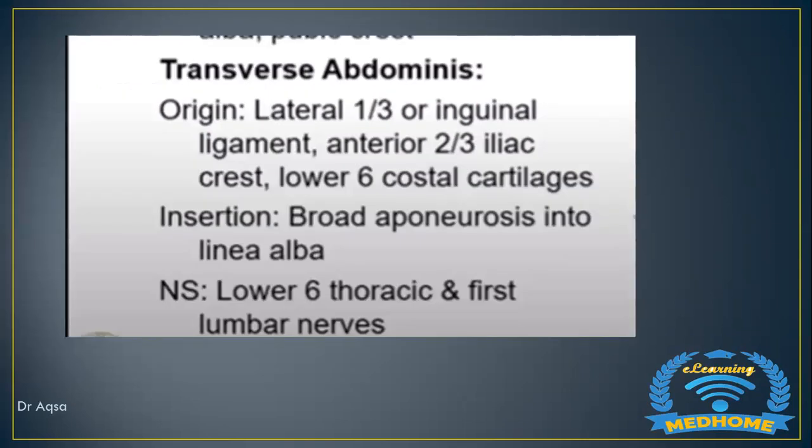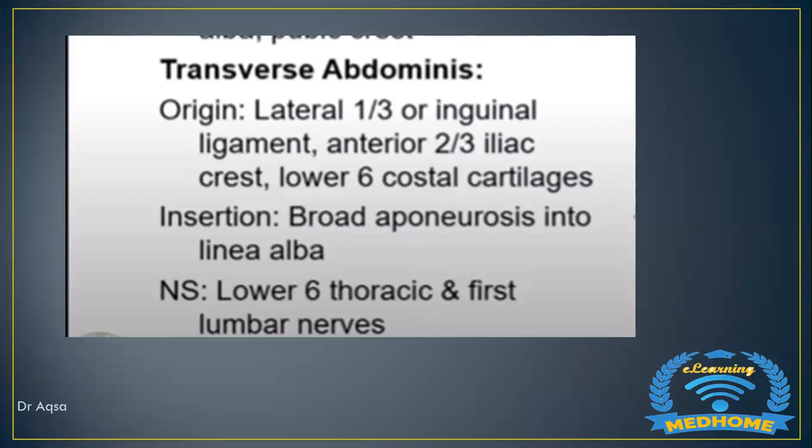Its function is the same, flexion. Transversus abdominis has origin from the anterior two-thirds of the iliac crest, the lumbar fascia, and also the lower 6 costal cartilages. It gets inserted on the linea alba and the pubic crest.